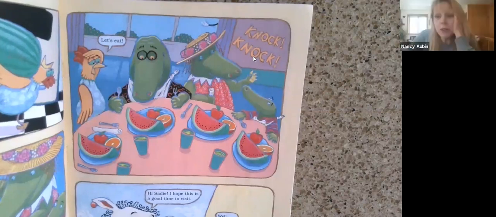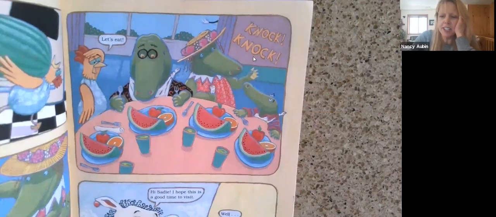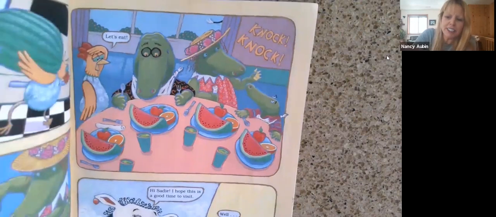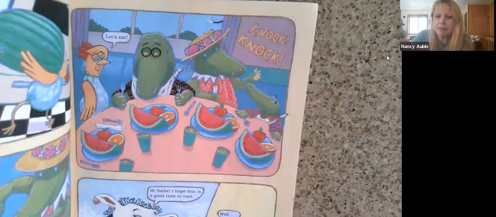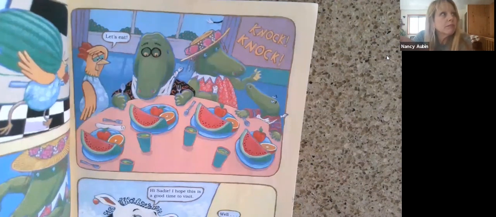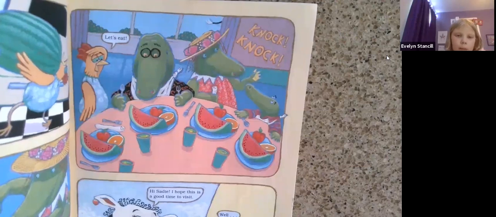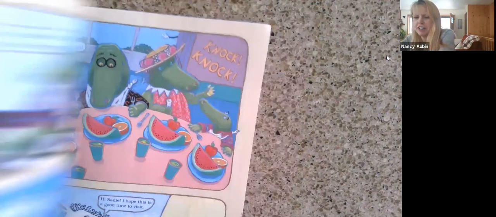The oranges. So that was one fraction. Does anyone know another fraction they use for lunch? It just shows you how we use fractions in everyday life. Evie, what else did they use? Fourths for the watermelon. Very good.